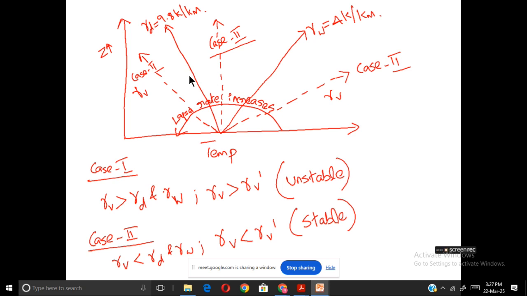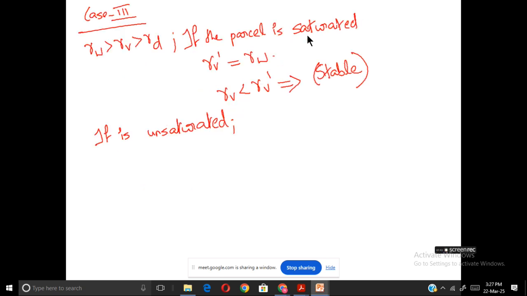In that case, gamma D has the highest value, followed by the environmental lapse rate, and followed by the saturated adiabatic lapse rate, gamma W, which is the lowest.